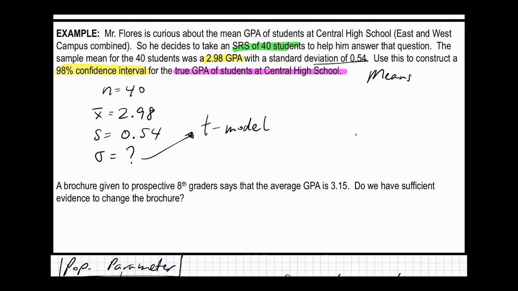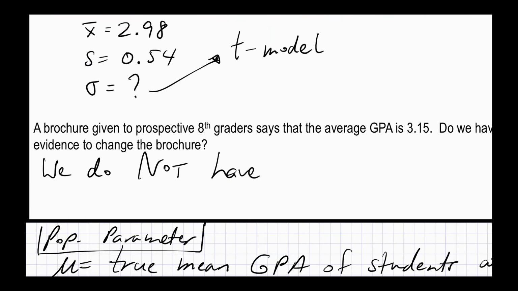We do not. Why not? We do not. So let's put that. We do not. Because 3.15 is in the interval. Exactly. Unlikely, but still possible. The likeliest one would be the mean in the middle, closer to the mean.